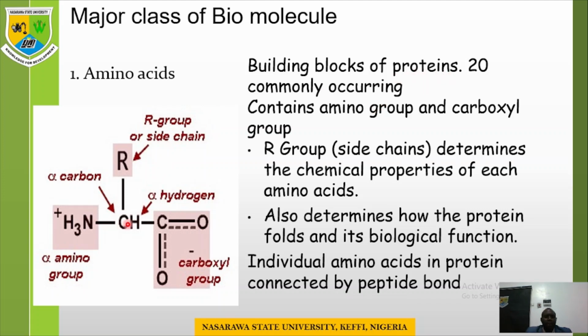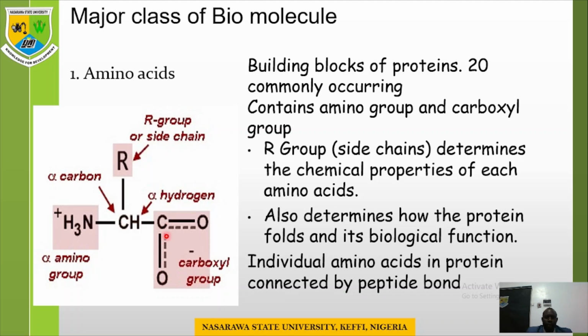This is a typical structure of an amino acid. This is the carbon. I told you we must have carbon in all the biomolecules. You can see carbon here, and another carbon here. Now you can see oxygen. Of course, this is a carboxyl group.